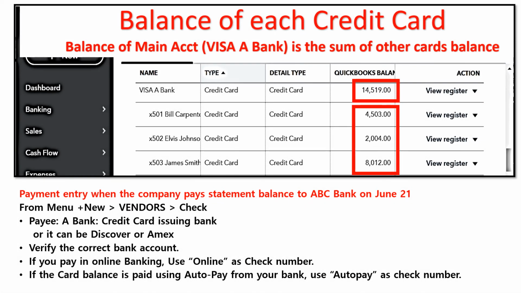When you go to the chart of accounts, you will see the balance of each credit card for the purchases of the month. The main account, which we named Visa A Bank, has a balance that is the sum of the other card balances. So it's the total of credit card purchases of our company in this period.